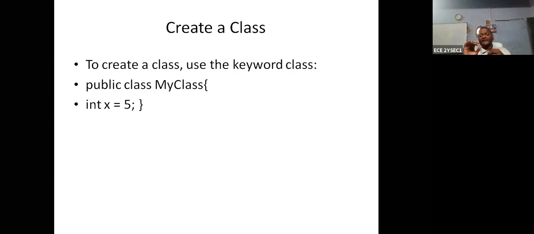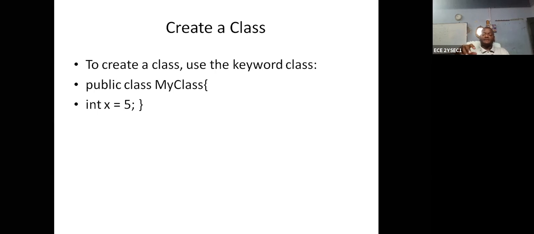Suppose Fruit is a class, so all the fruits come under the Fruit class. What is an object? Apple is one object because it also belongs to fruit. Mango is an object because mango also belongs to fruit. Banana. So according to the class, the objects are created.